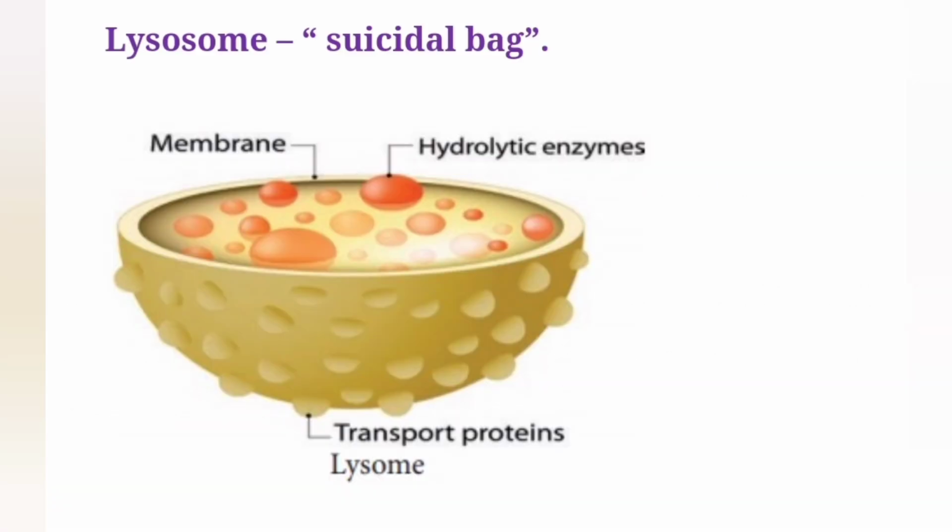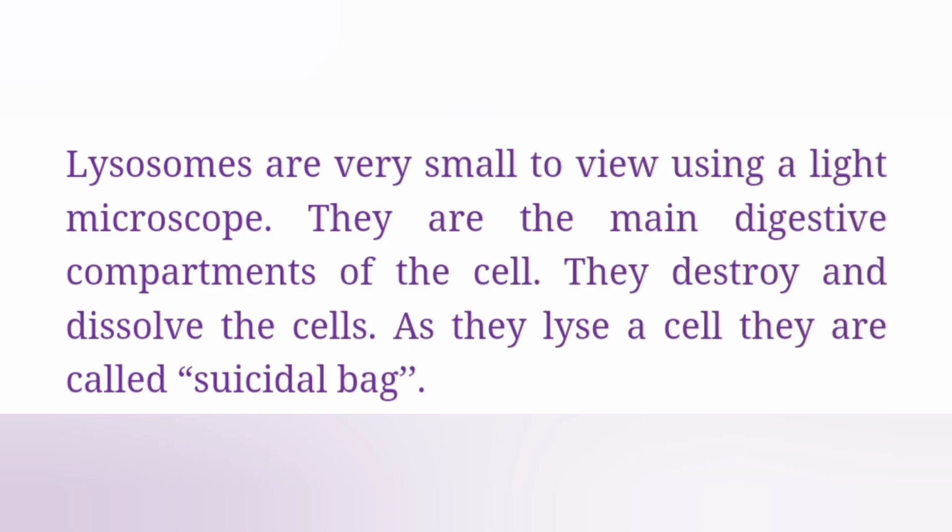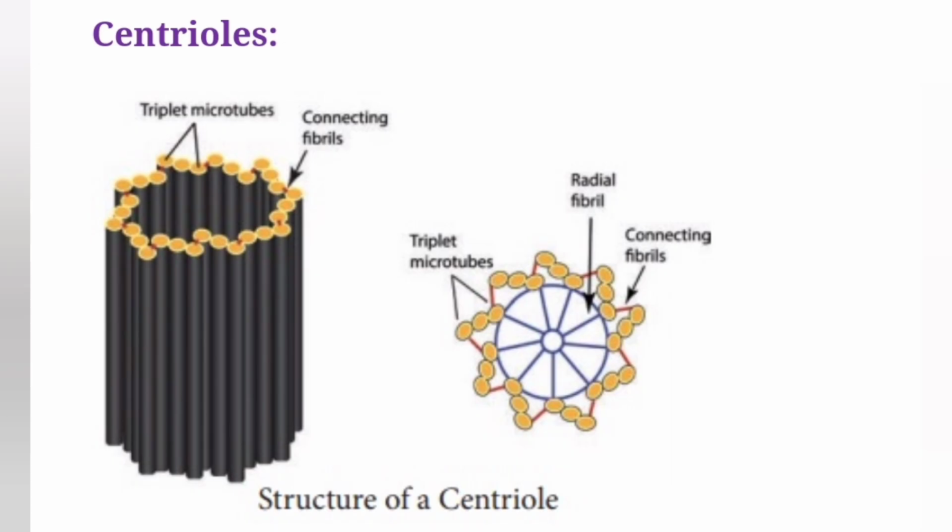Next one, the lysosome, the physiological bag. Lysosomes are too small to view using a light microscope. They are the main digestive compartments of the cell. They destroy and dissolve the cells, as they lyse a cell. They are called the physiological bag.